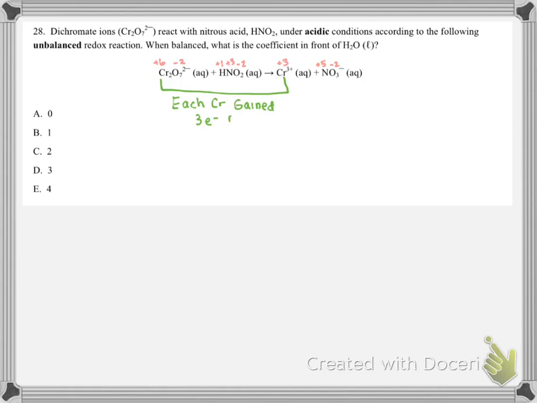And so this is going to be our reduction. And we can see the nitrogen changed. And each nitrogen is going to lose 2 electrons. So this is going to be oxidation.